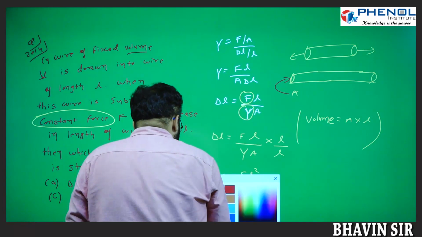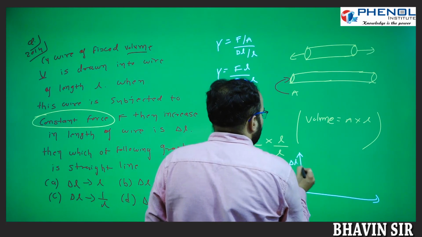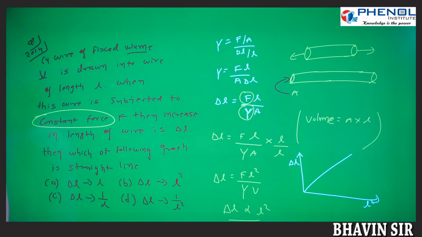Because delta L and L square are directly proportional. So option B is right. And that graph is what? Straight line.